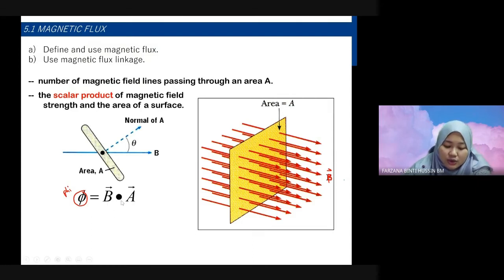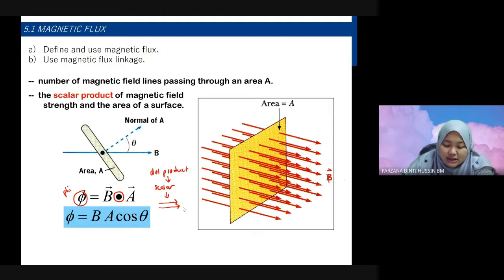Here they use the dot product. A dot product represents a scalar, so both vectors must be parallel to make it maximum. How do we determine the magnitude of magnetic flux?